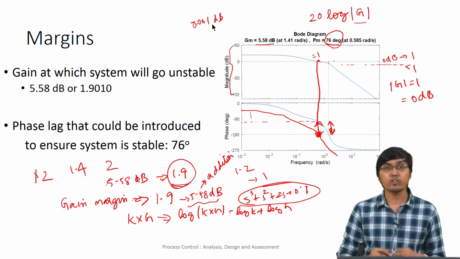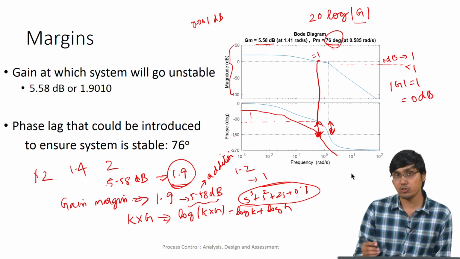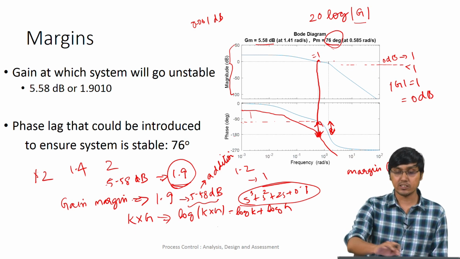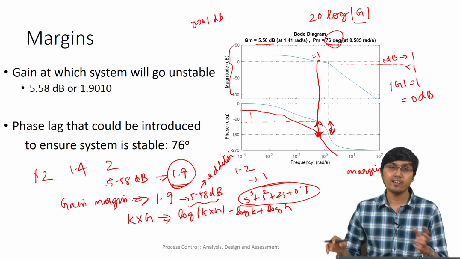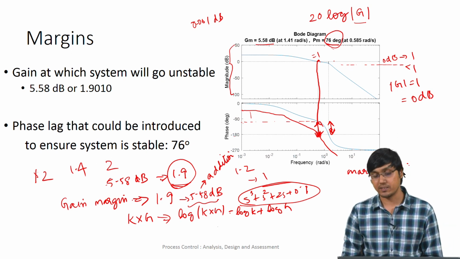Maybe you can use the command margin in MATLAB. You can give a transfer function here, and then it is going to display this diagram, and you can play with this, give a different transfer function, and see what happens.